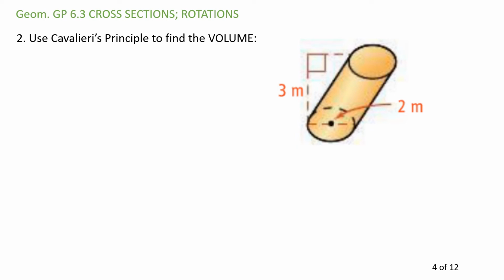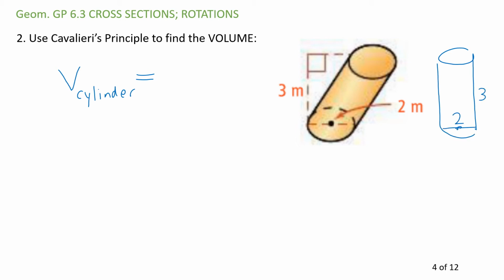Well, the volume of a cylinder is pi r squared h. It doesn't matter that the cylinder is off to the side because it will have the same volume as a cylinder that's not skew, that has a diameter of 2 meters and a height of 3, because of Cavalieri's principle. So I can find the volume of this regular Coke can cylinder, and it will be the same as the skew cylinder.